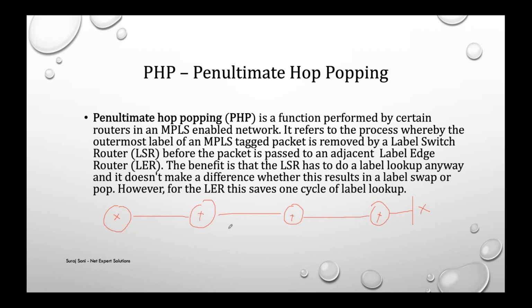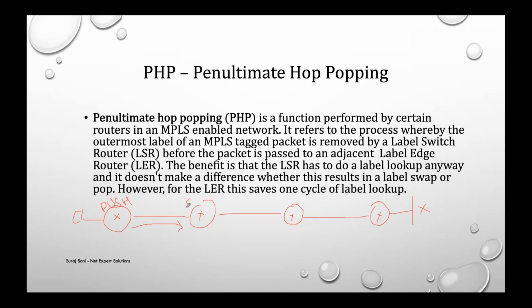Let's say the label is already allocated. When the packet is initiated, as I explained last time, the control plane and data plane flow works like this. When the user sitting here starts sending the packet, this device does the push operation. It will impose the label into the packet and send it to its neighbor.